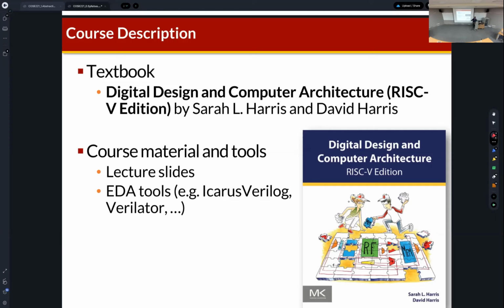If you purchase this book, it will be very helpful also for learning computer architecture. I will cover half of this book. As you can see, this book includes topics in digital design and computer architecture, but I will cover only the digital design part.